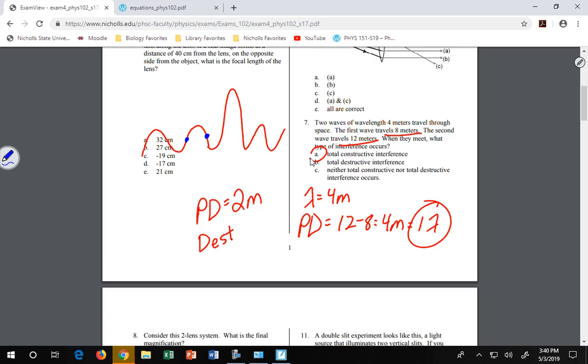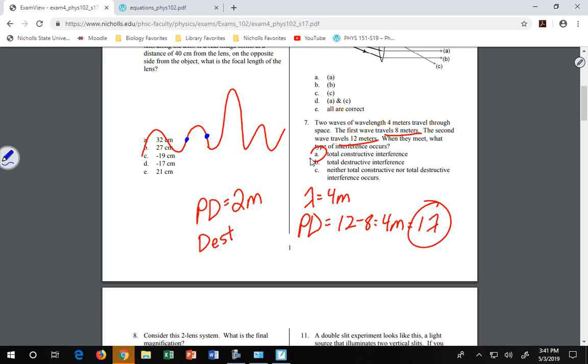It's neither total constructive nor destructive. It has to be at the very top or the very bottom to be total. Those are all total constructive interference.